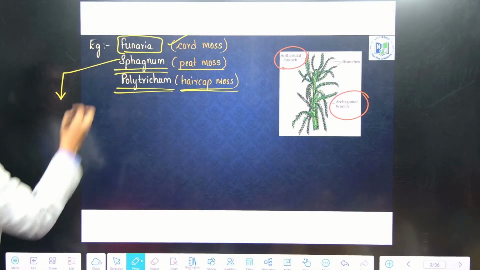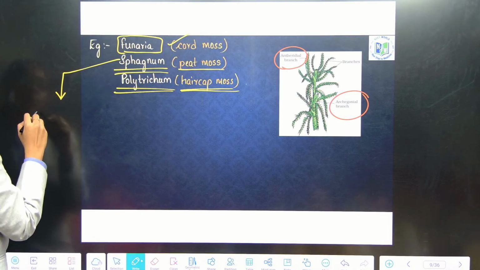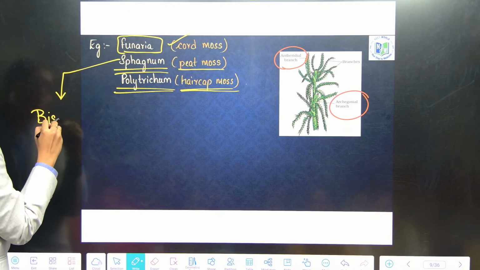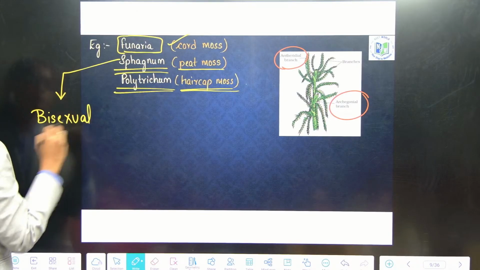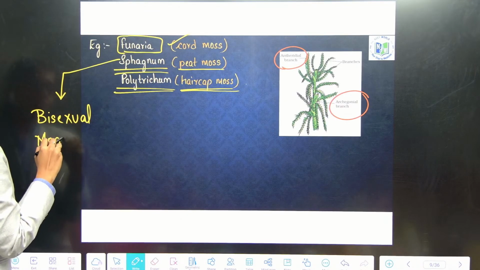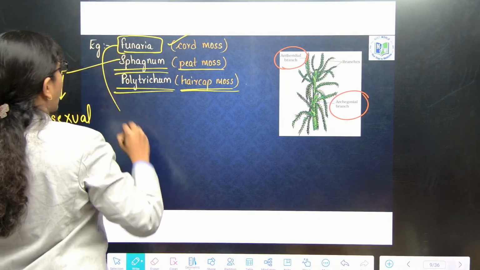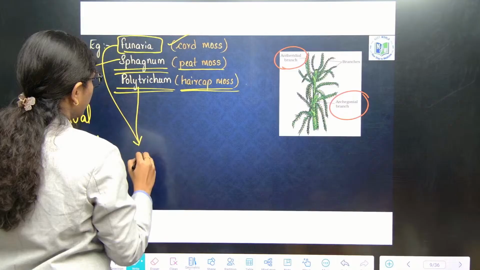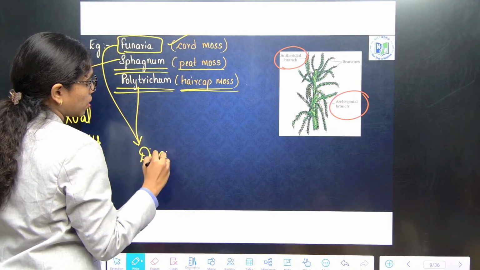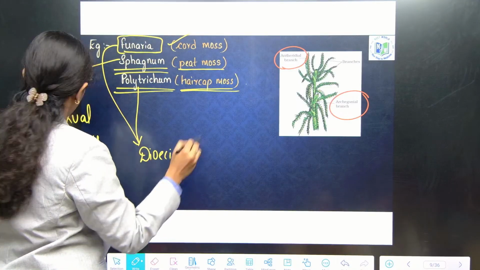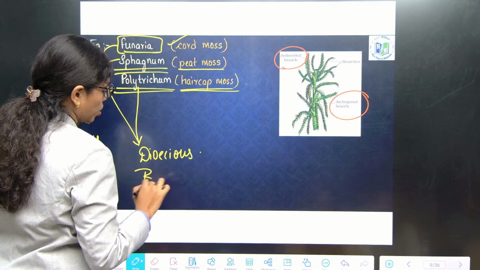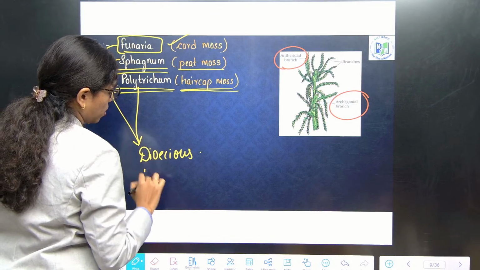Okay. Sphagnum is what? Bisexual or monoecious. Funaria and Polytrichum are dioecious or unisexual.